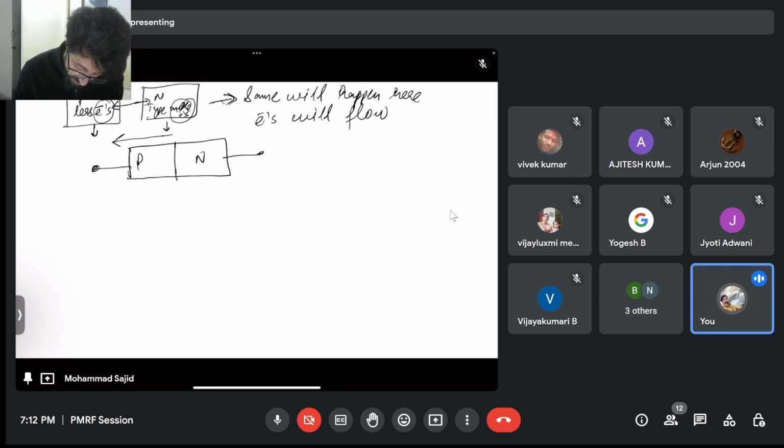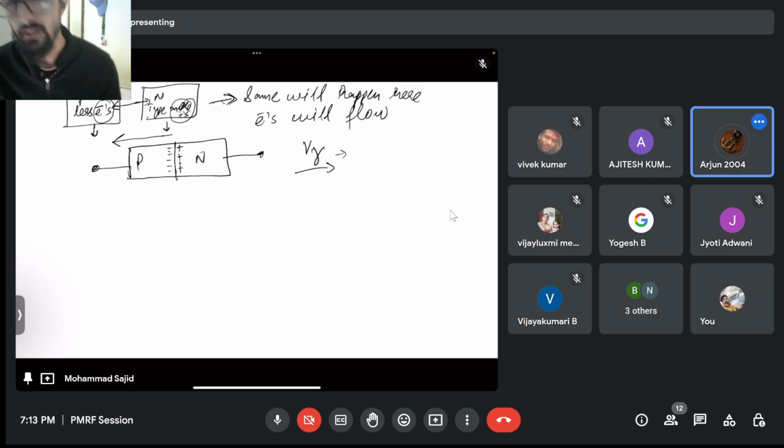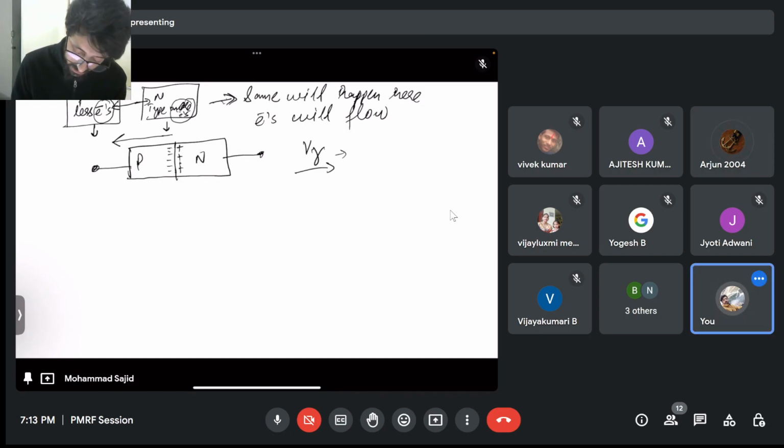So there will be a development of a potential here. You have watched the lectures and studied the cut-in voltage, right? Yes, sir. Okay. In layman's language, this is called the built-in voltage, which you say is the blocking voltage of the diode in forward bias.